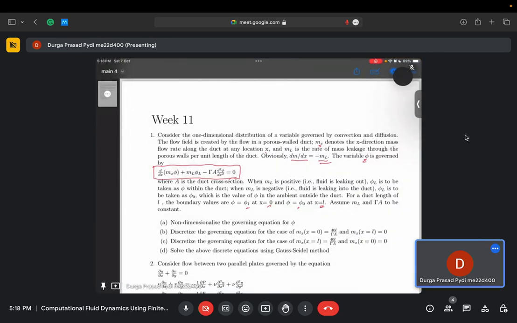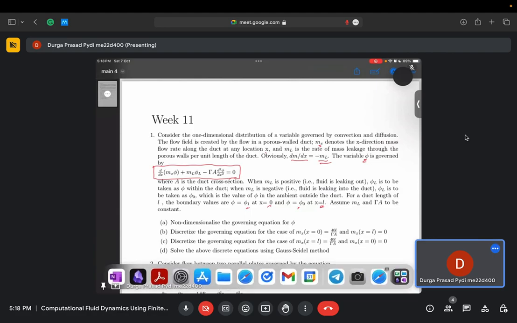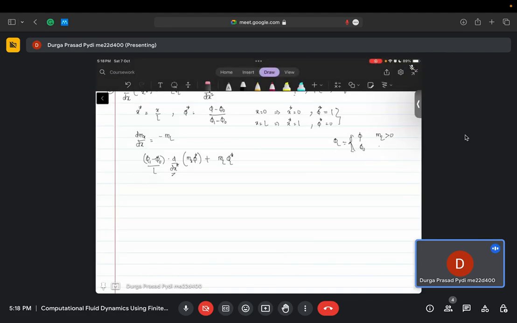So it asks you to take, when ml is positive, phi L as phi, and in the other case, when ml is negative, phi L is taken to be phi 0. So my non-dimensional variable phi L star will be phi star if ml is positive, and it will be 0 if ml is negative.